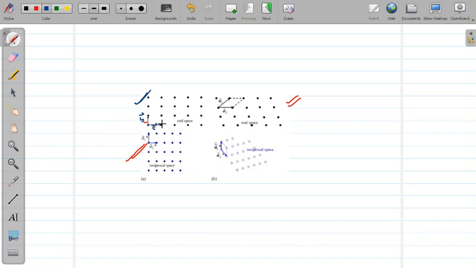A bar is the vector that separates two adjacent points. B bar is the vector that separates two adjacent points in the second dimension. So they are called primitive translation vectors, A bar and B bar.